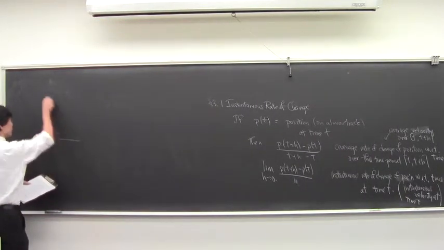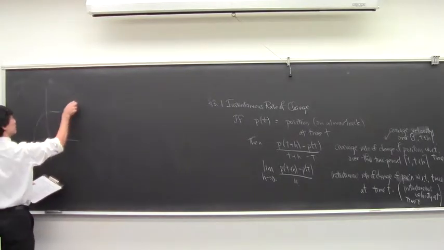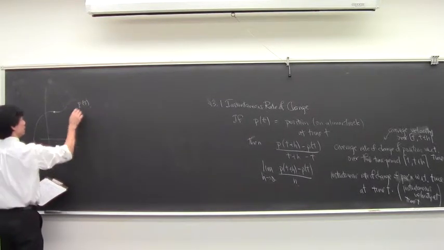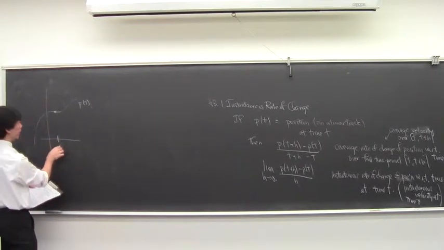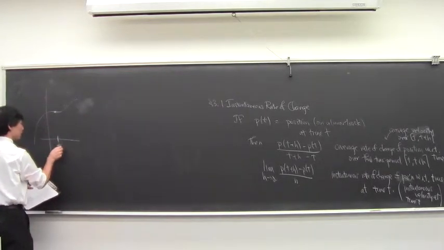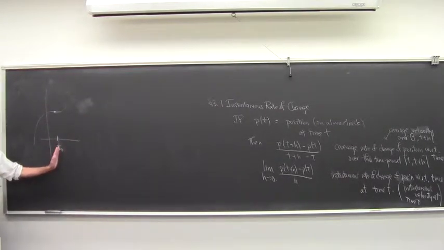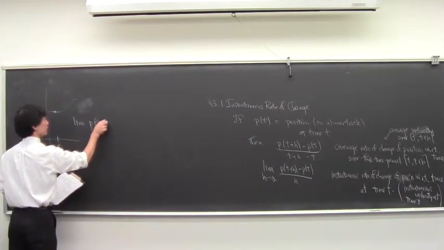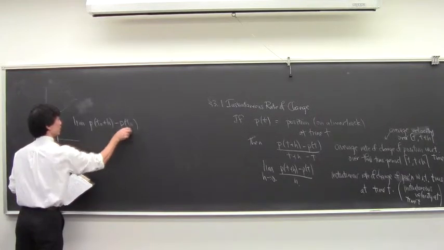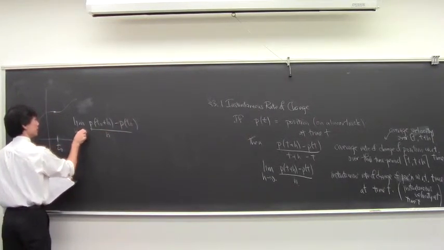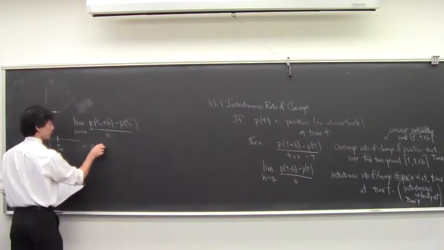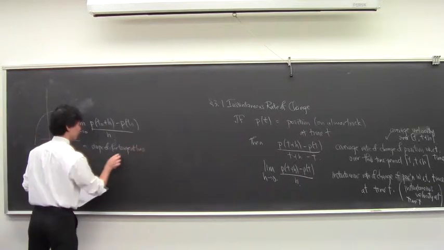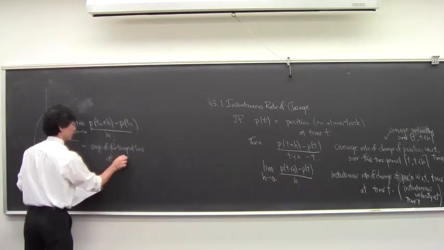And we also mentioned that there's this graphical interpretation, right? If this is your p of t, and let's say this point is t0. If I look at the limit of (p of (t0 plus h) minus p of t0) over h as h goes to 0, that gives me the slope of the tangent line at time t0.